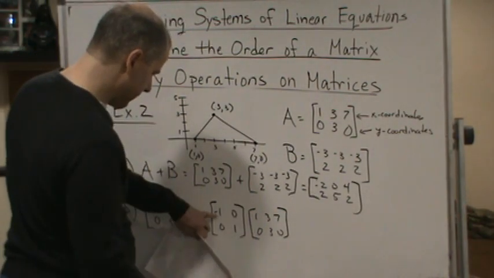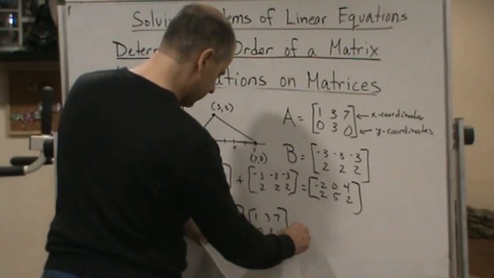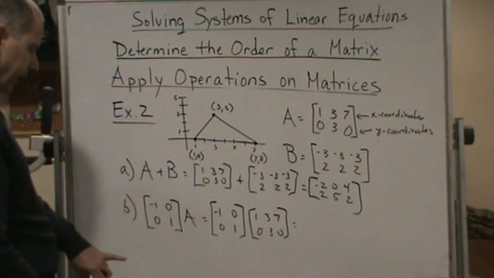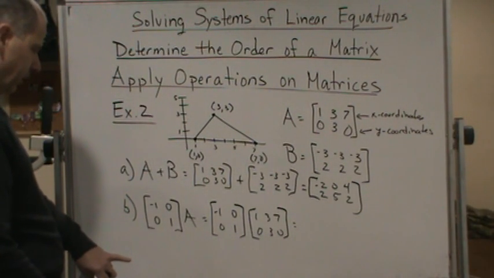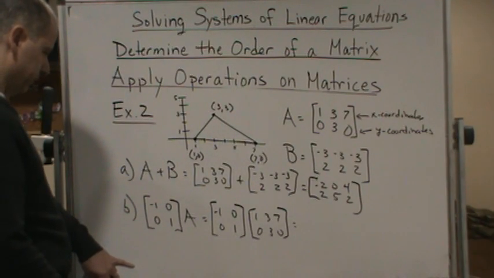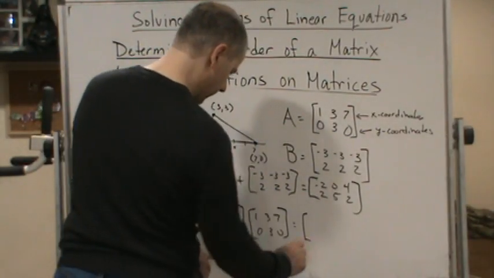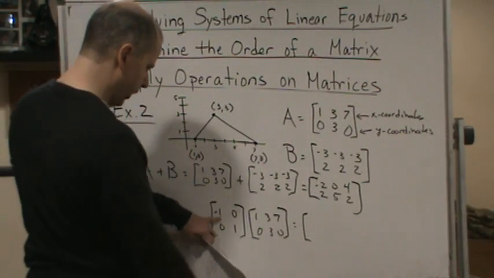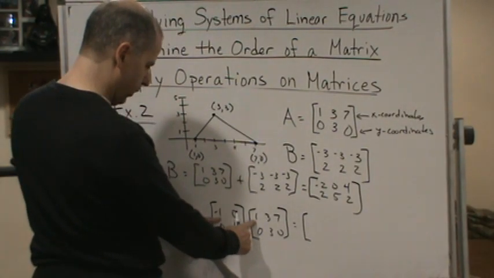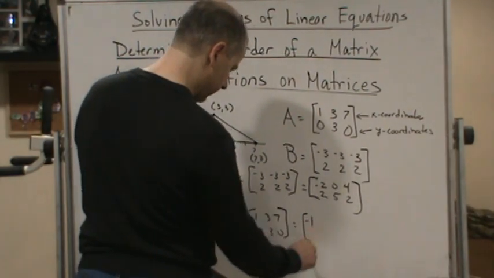And so now what happens here? -1 times 1, right? This is going to end up being a 2 by 3 matrix. So -1 times 1 is -1. 0 times 0 is 0, so we get -1.